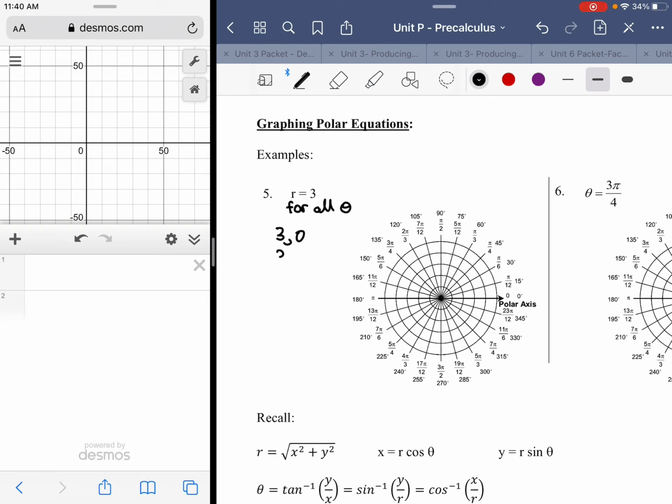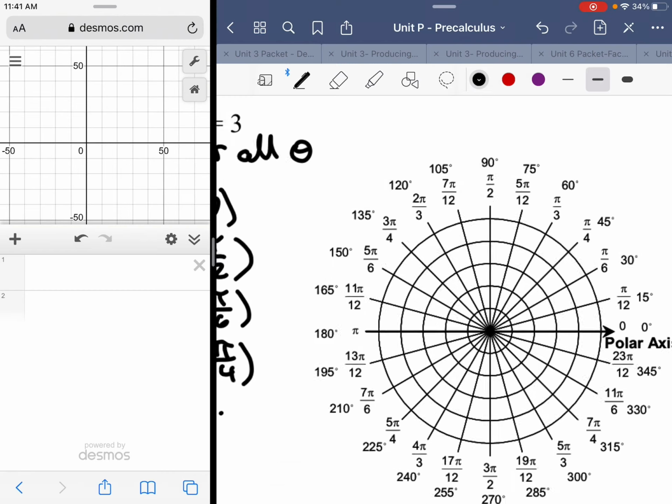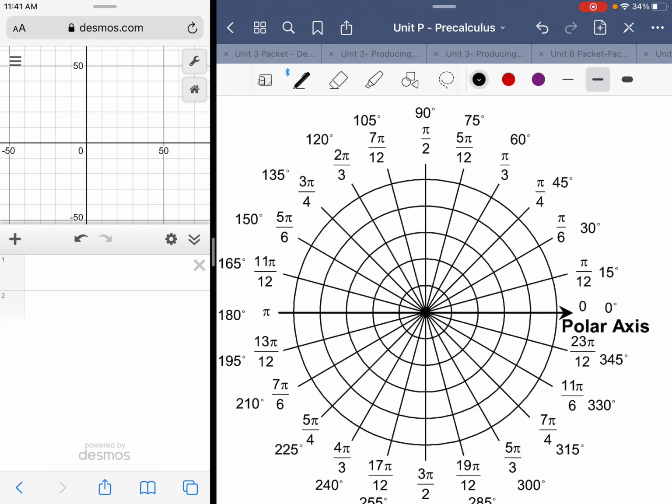So here I would be saying things like 3, comma 0; 3, comma pi over 12; 3, comma pi over 6; 3, comma pi over 4, and so on. You spend more time making the table of values than it would take to make the graph.